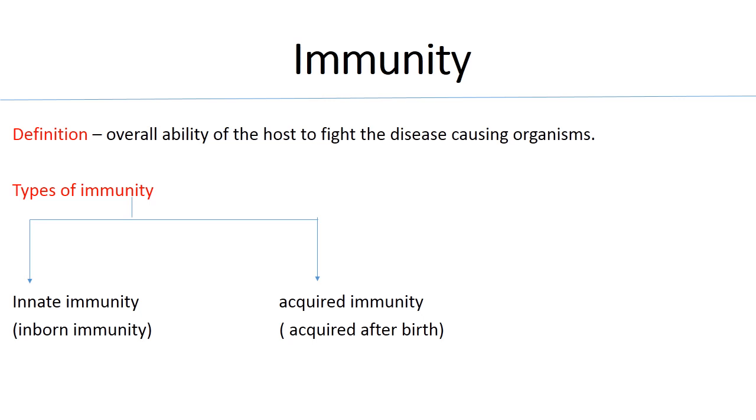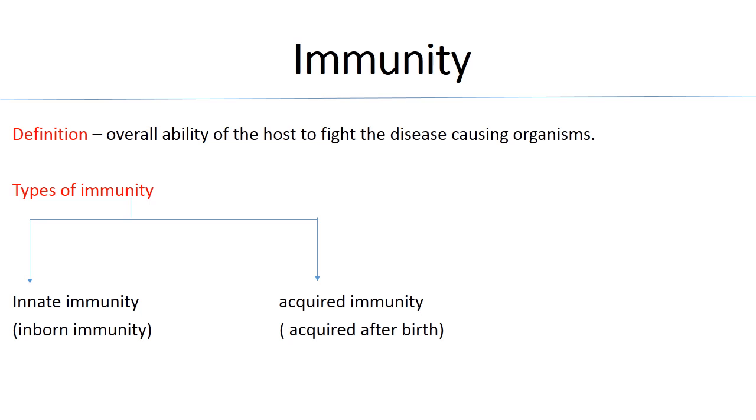Who is actually making us strong to fight against the disease causing agent? This overall ability is given by a system called the immune system. So if our immune system is strong, there is less chance of getting infection. If we are stronger, the chance of getting infection is less.